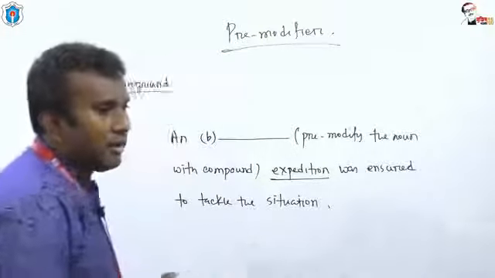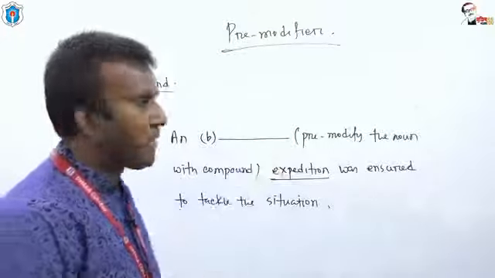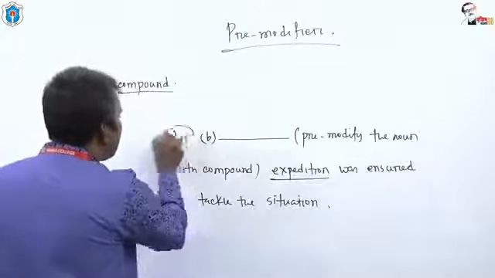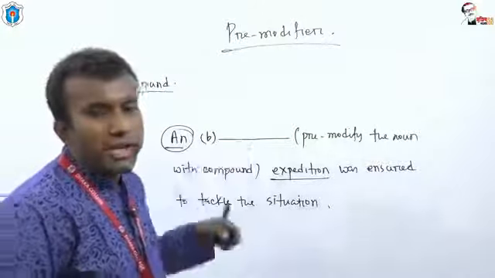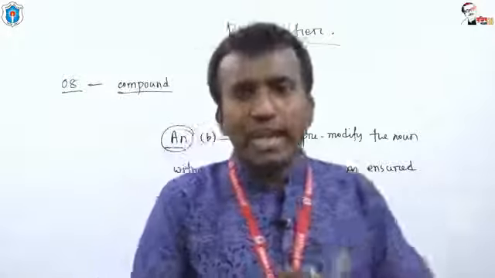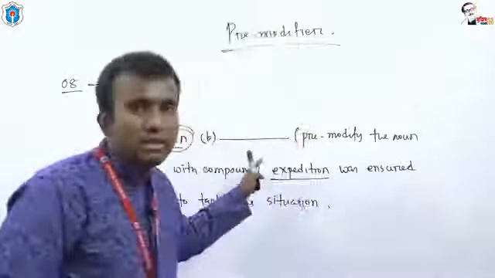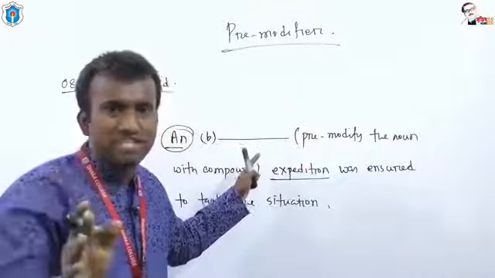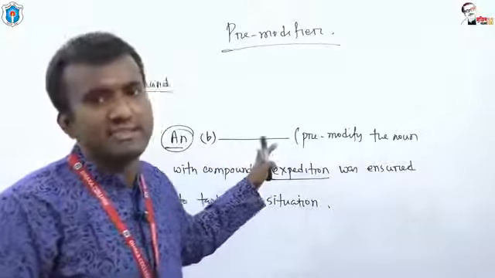Okay. This question seems to be difficult for you. Look at. And that means you have to start with vowel sound. You can create any compound, but that compound must be relevant to the sentence.